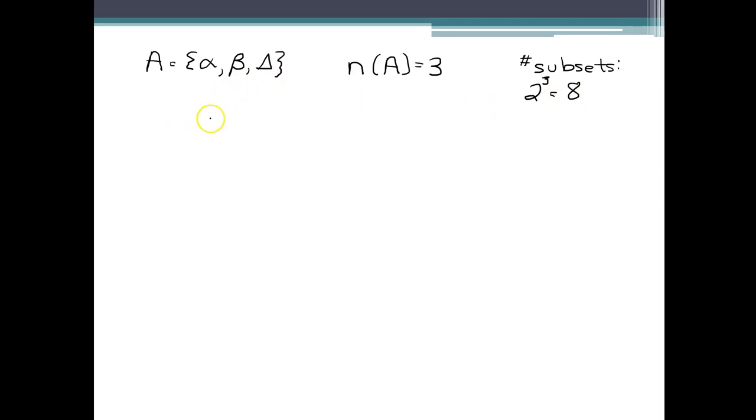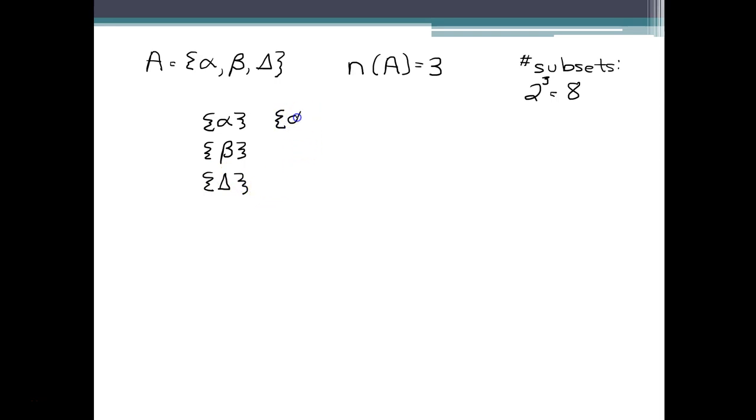Okay, so let's list them. Well, I could make a subset with just alpha in it. That is a subset because the element alpha is found in set A. I could make a subset with just beta in it. I could make a subset with delta in it.